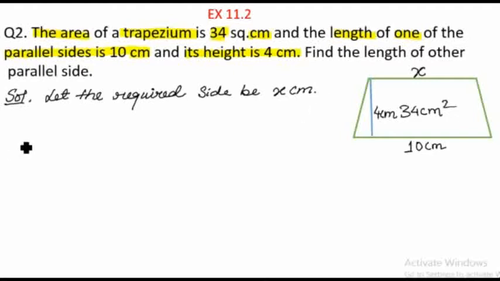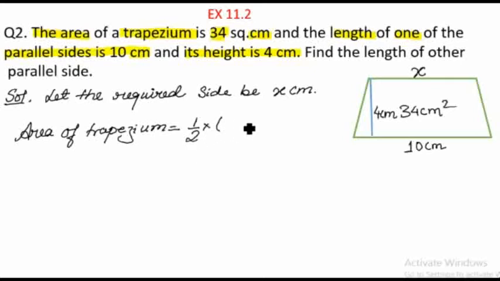So we are now going to use the formula of area of trapezium. Area of trapezium is equal to 1 by 2 into sum of parallel sides. Here one side is 10 centimeter and the other side we don't know, so we write x, into height 4 centimeter.